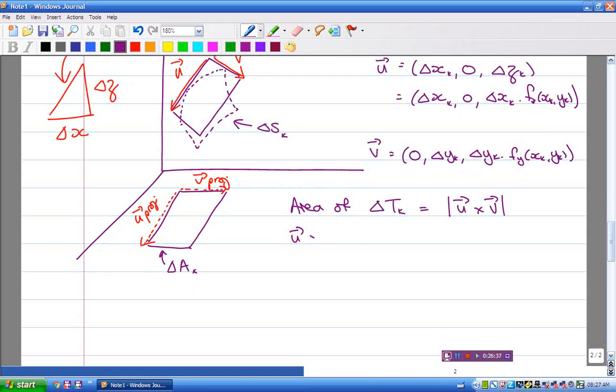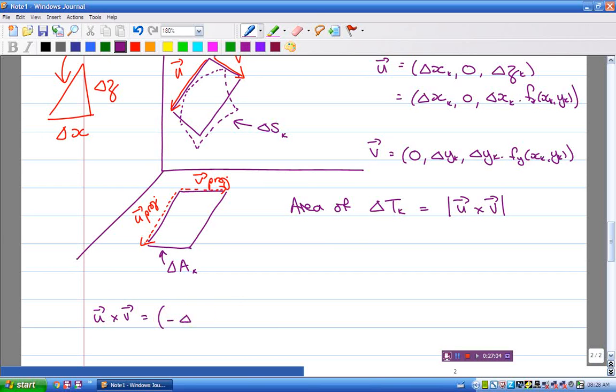So you can take u and v and you can cross them. Okay? So three-component vector, carry out your cross product, and you'll get a rather messy thing. In fact, I tell you what, let me write it underneath because it's so wide. But don't worry, it simplifies. When you first do your cross product, this is what you get.